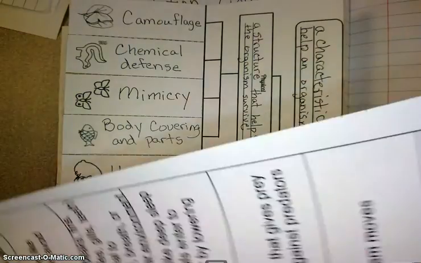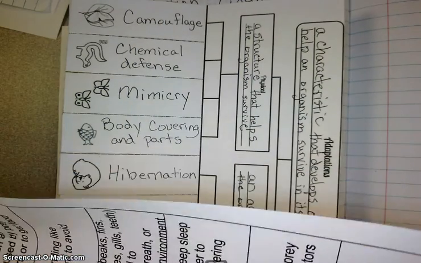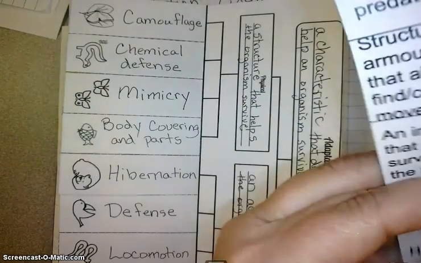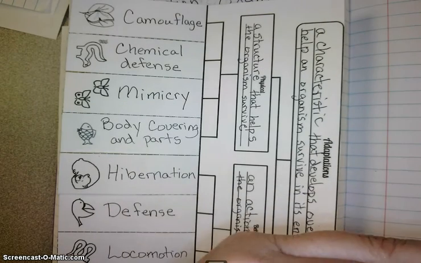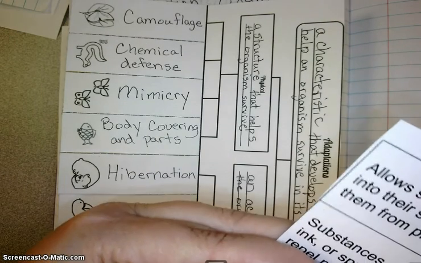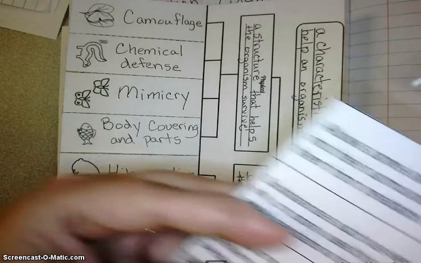So you're going to end up cutting along here. If you want to make it a little harder, you can cut them all out and see how they match up. Or you can just put them in as is, because I did not mix them up, but we are going to talk about each one.